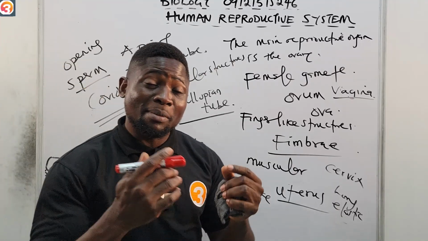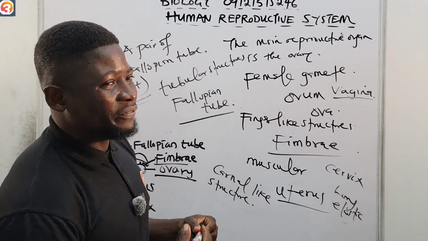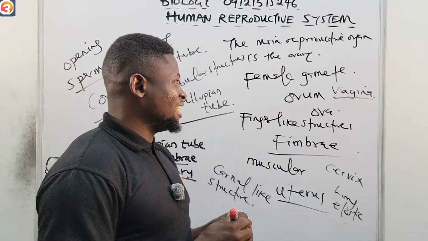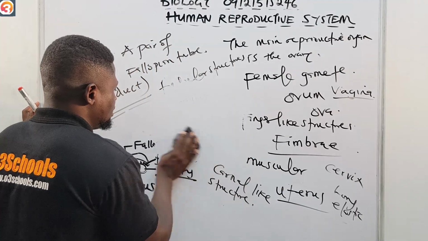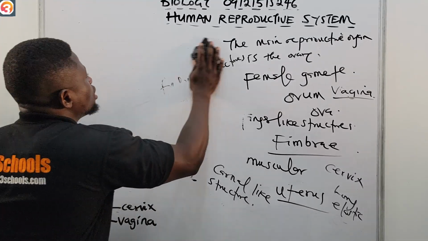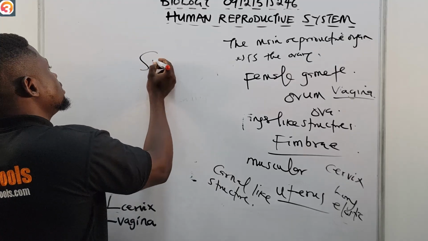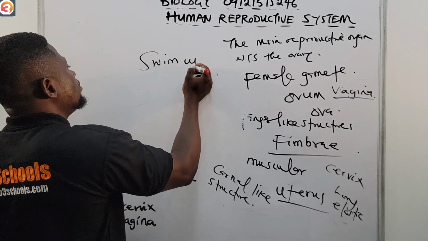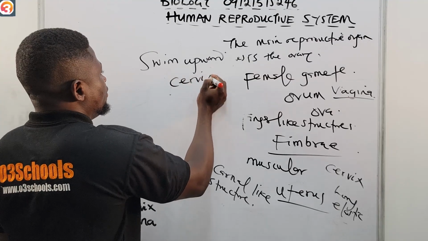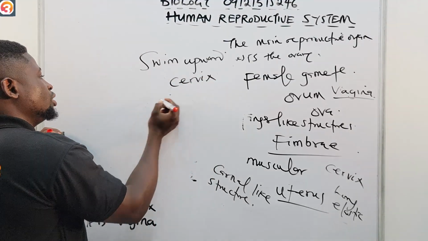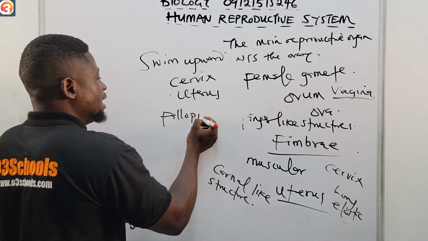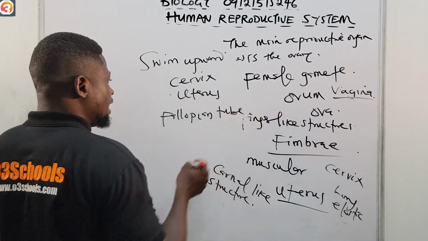First of all, the sperm has to be introduced into the female body through the vagina, and then from the vagina, the sperm will swim upwards to the cervix, then from the cervix to the uterus, and then from the uterus to the fallopian tube. Okay, let me go over that again.